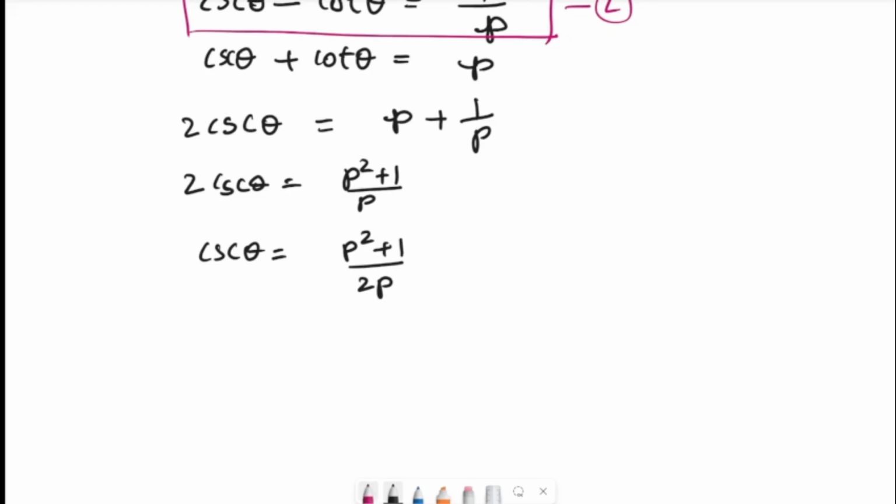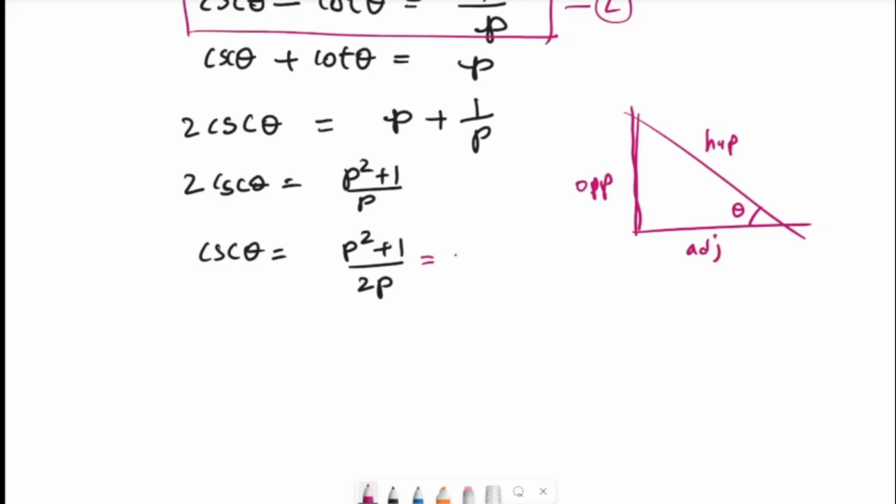Now, draw a little right angle triangle. What is the definition of cosecant theta if this is theta? In terms of sides, this is hypotenuse, this is adjacent, this is opposite.